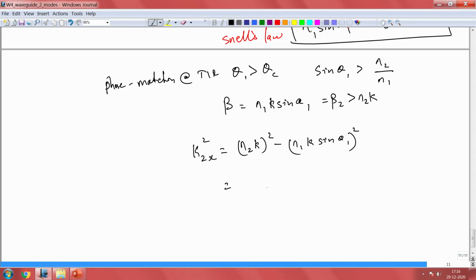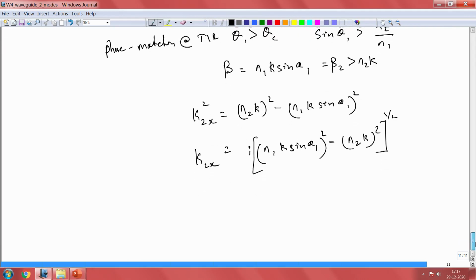Or we can do some rearrangement here. That means n1 k sin theta 1 minus n2 k whole square here. Sorry, this is theta 1. So, if you do this, it becomes i within roots now, and this is k2x.